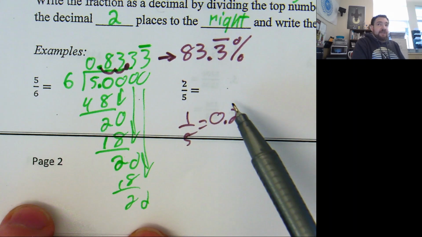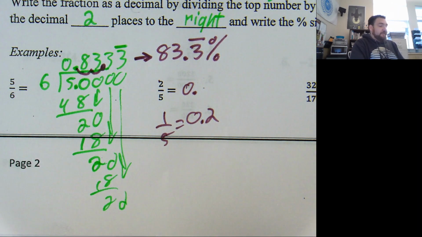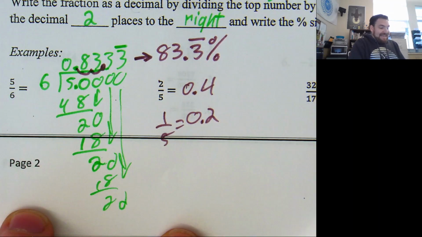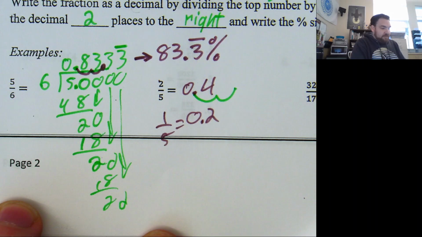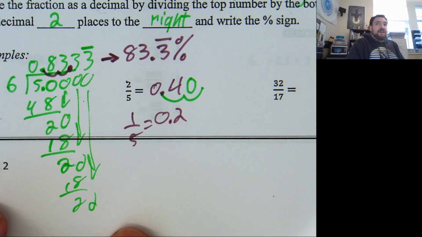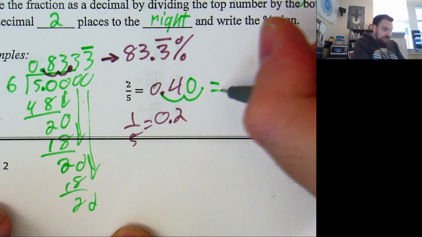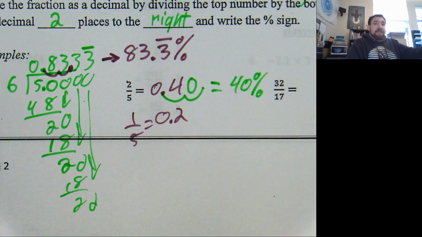So 2/5 is going to be 0.4. And now I want to turn this thing into a percentage. So I move the decimal twice to the right. Any empty spaces get a 0. So 2/5, 0.4, is 40%.